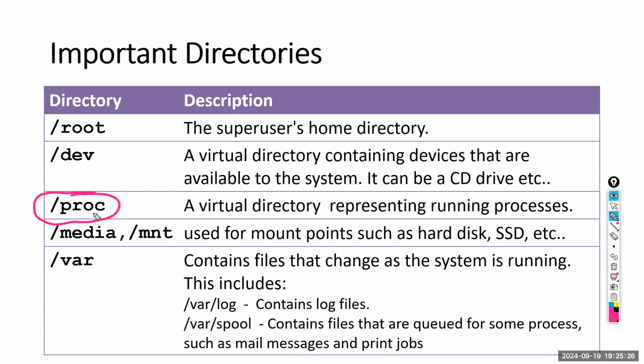Virtual directory means it is not for keeping files and folders. It's for some other purpose, like all your running programs will be seen as something in the proc directory, running process. Okay. And the media or mnt folders are used to mount hard disk, SSD, and so on. Okay.